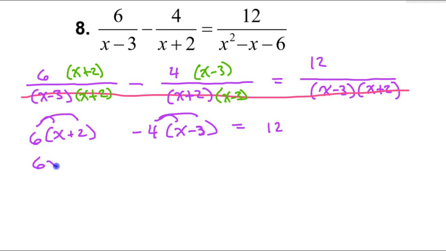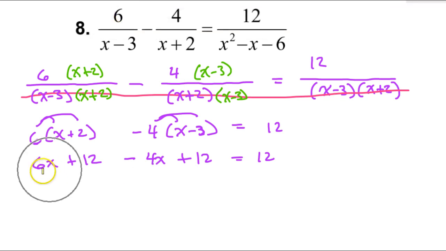So this will be 6x plus 12 minus 4x plus 12. -4 times -3 is +12 is equal to 12. Combining like terms. So the 6x and the -4x, those are like terms.